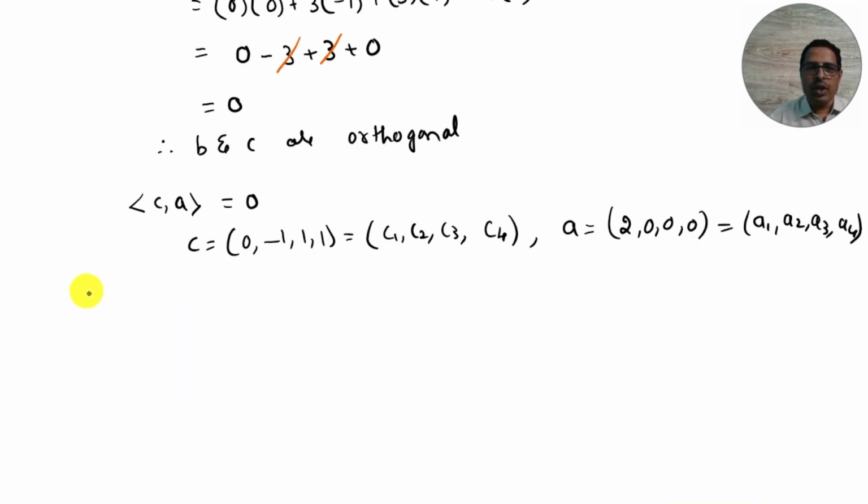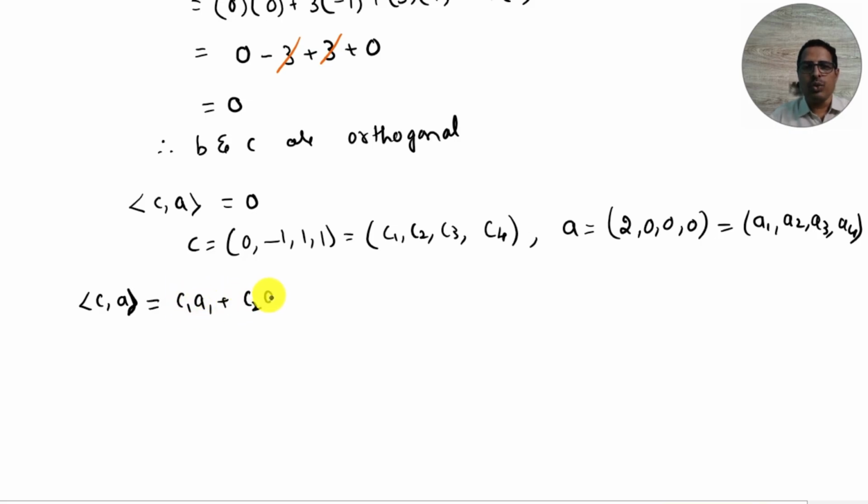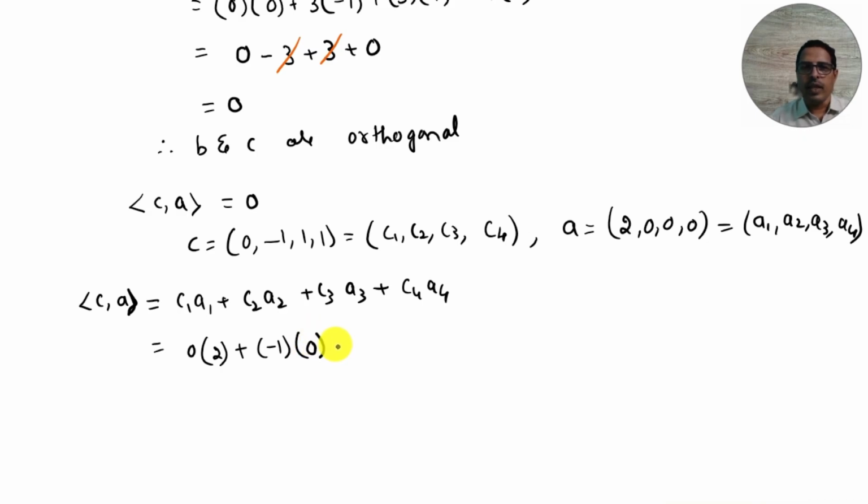Now the inner product CA will be C1 A1 plus C2 A2 plus C3 A3 plus C4 A4. Since all the values are known, just plug them in. C1 is 0 into A1 is 2, C2 is minus 1, A2 is 0, plus C3 is 1, A3 is 0, plus C4 is 1, A4 is 0.